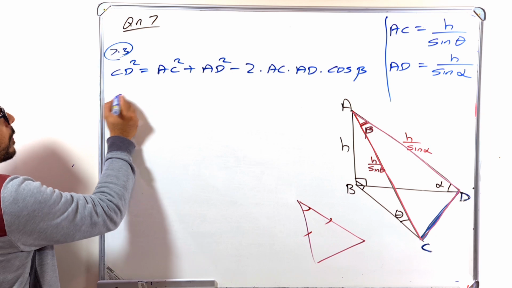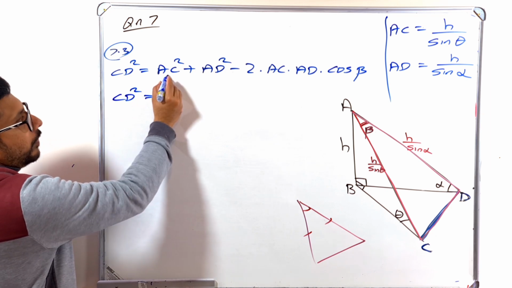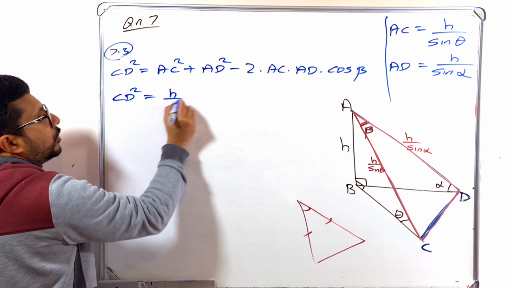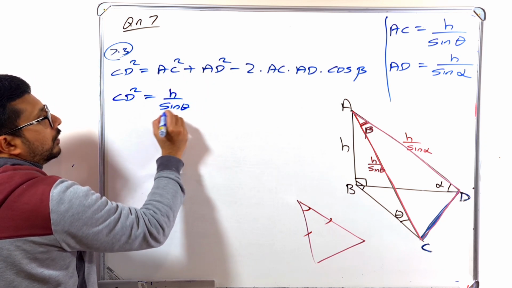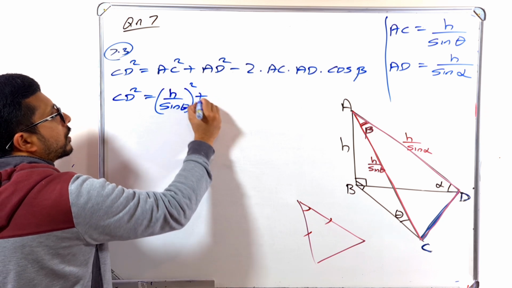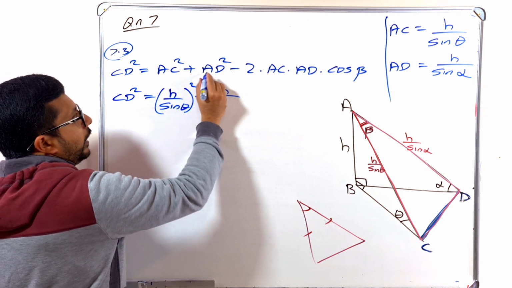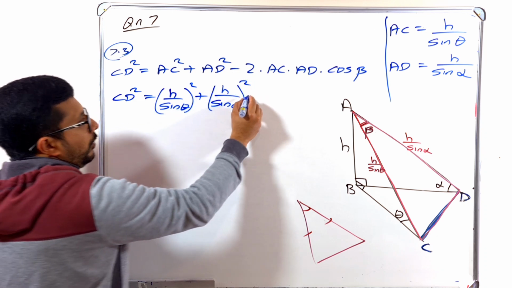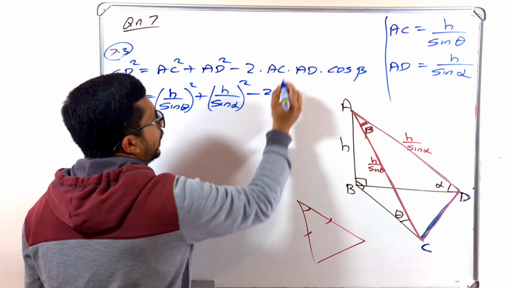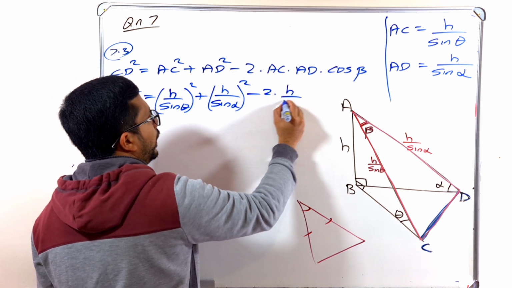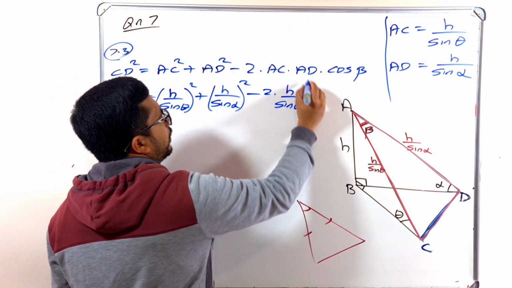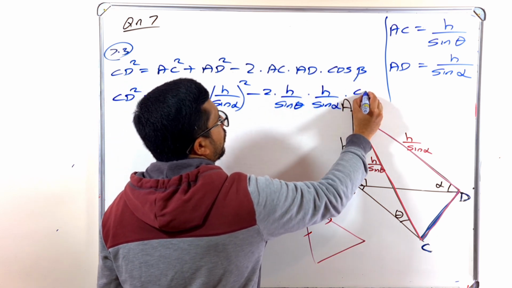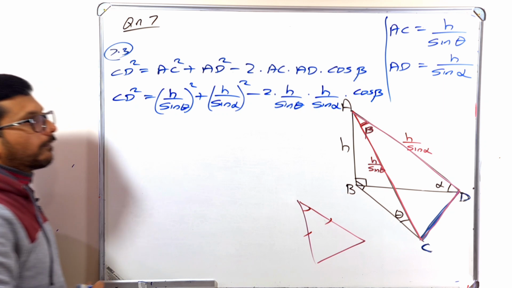Now CD square is equal to, substituting the values: what is AC? h by sine theta. AC square is h by sine theta squared, plus AD is h by sine alpha, squared, minus 2 into AC, h by sine theta, into AD, h by sine alpha, into cos beta.